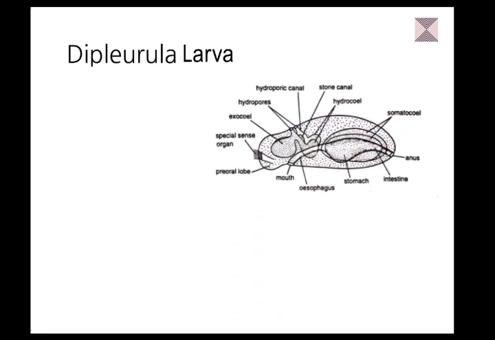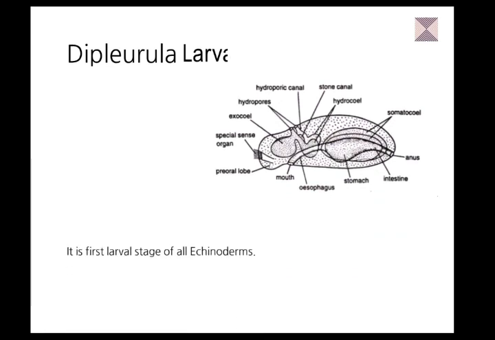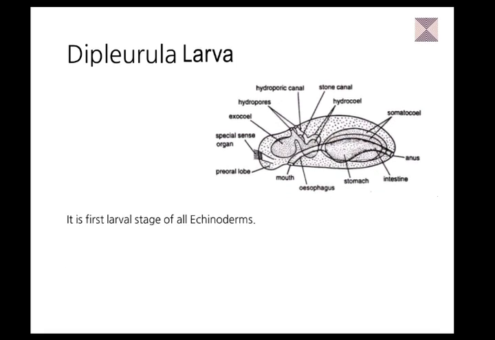If you take the structure of this Dipleurula, here you can see that we have a mouth, an esophagus, then a stomach, an intestine, and an anus. So students, this is a full alimentary canal. And this Dipleurula larva is a very important stage in the case of echinoderms because it is the first larval stage of all the echinoderms.